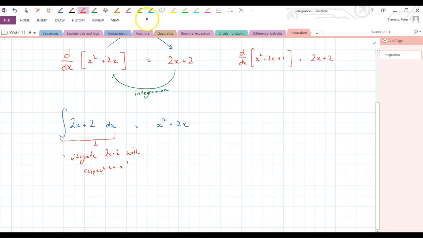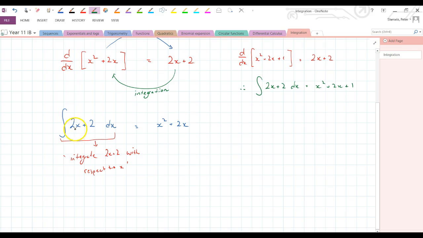The derivative of x squared plus 2x plus 1 is 2x plus 2. So that would suggest the integral of 2x plus 2 with respect to x is equal to x squared plus 2x plus 1.